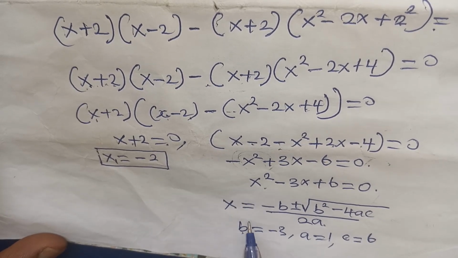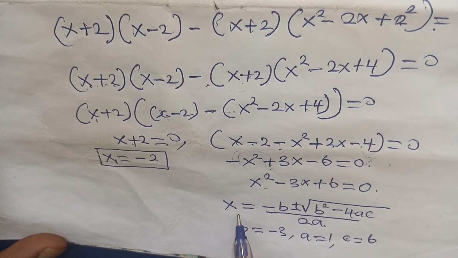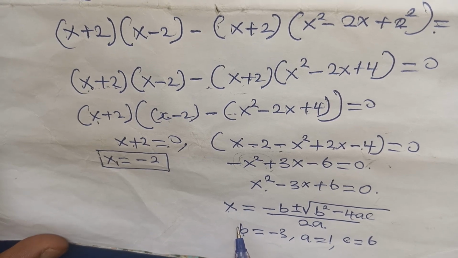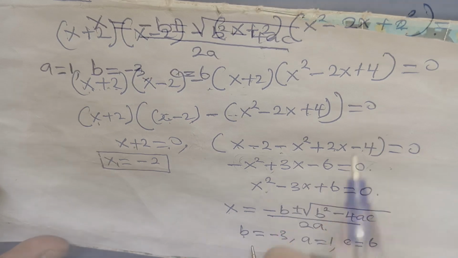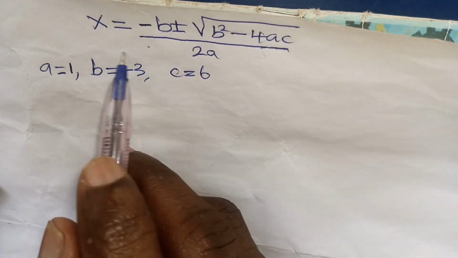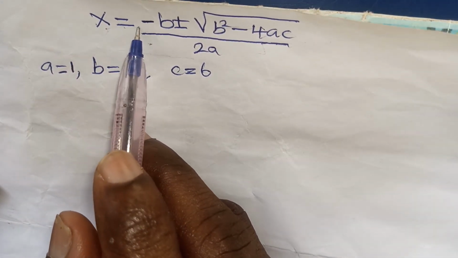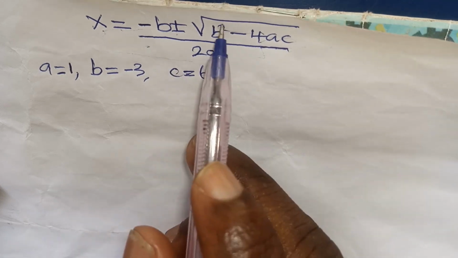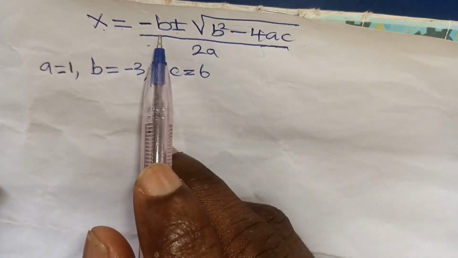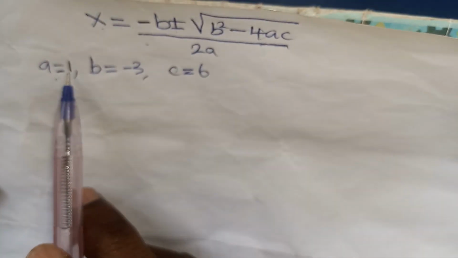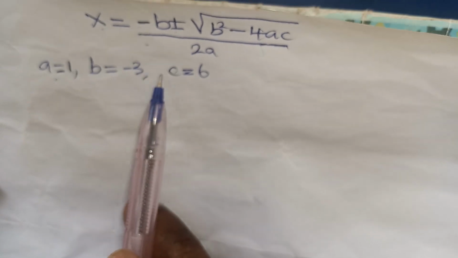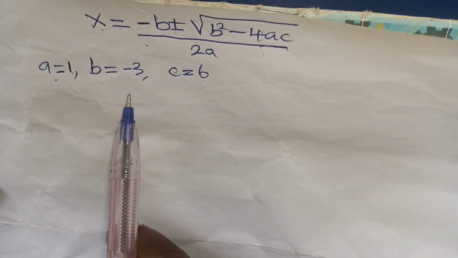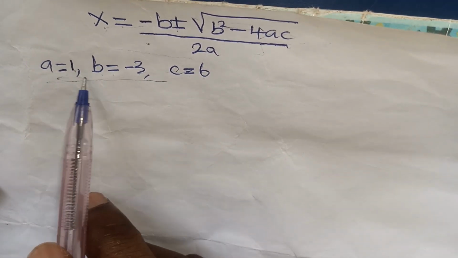If you substitute everything into this equation, we are going to have our second and third value for x. So let's substitute all these values into this equation and solve out for the remaining two values of x.